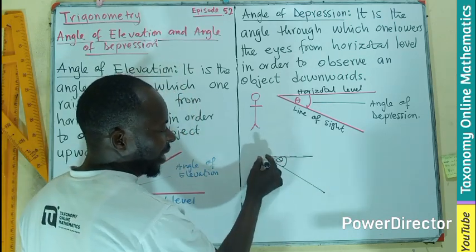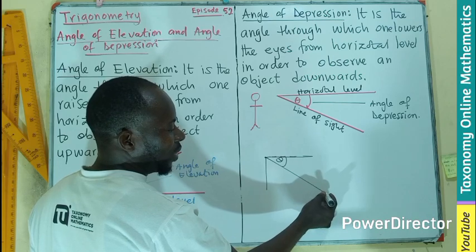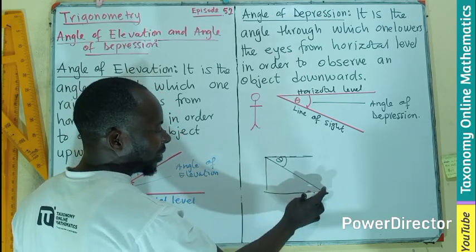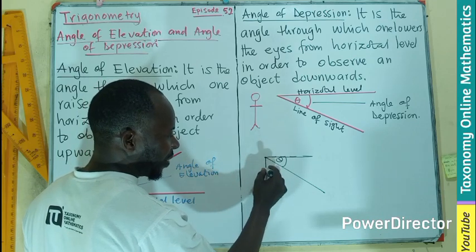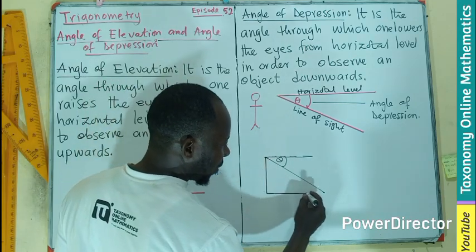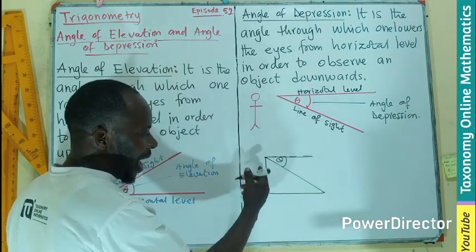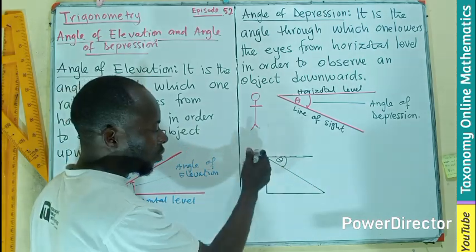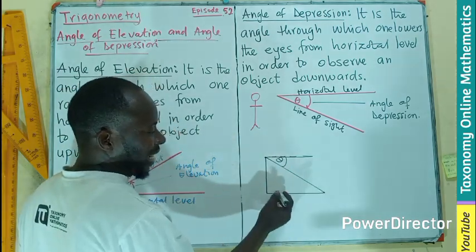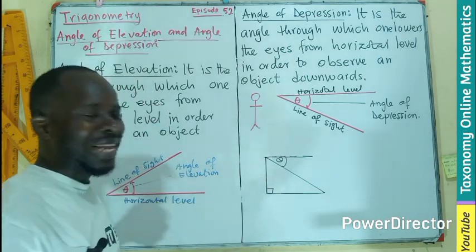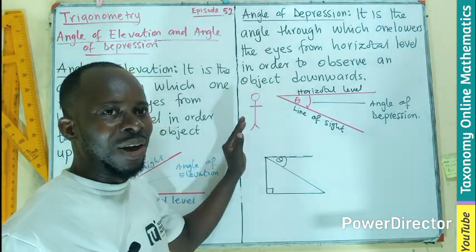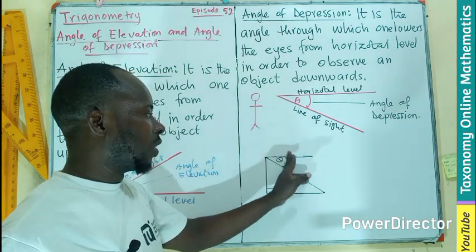So if I stand here and I watch an object below, my height is going to be on the same level ground with the object. So this is the object. We can see that this will form what we call a right angle triangle. So I am here forming an angle below my eye level, horizontal line.